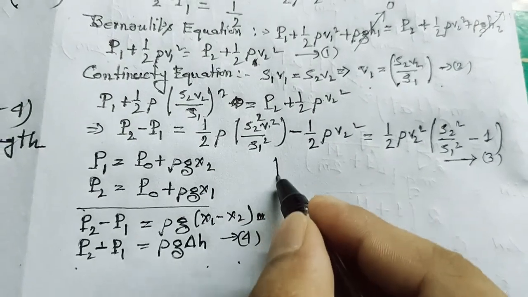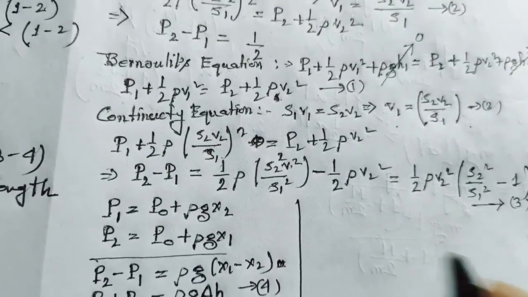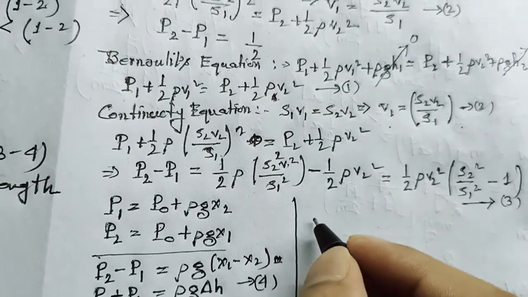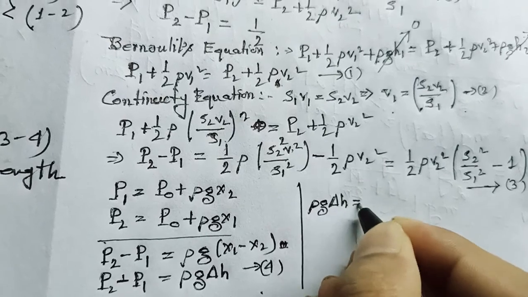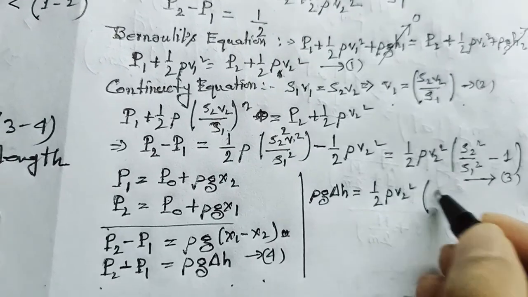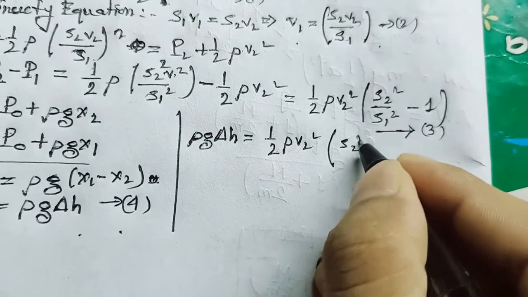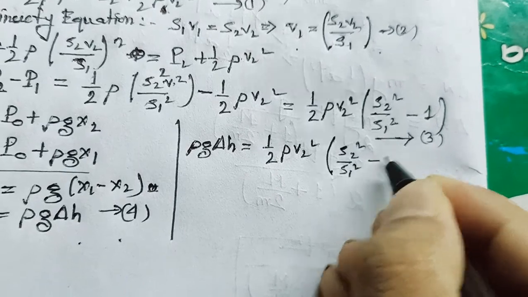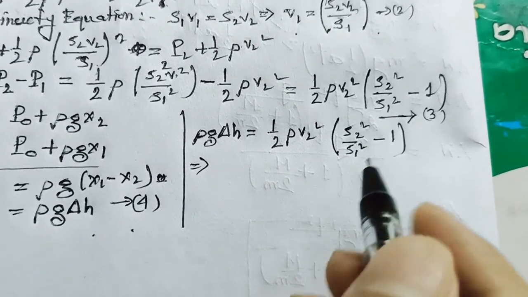If we substitute that value, we'll get rho g del H equal to half rho V2 square into (S2 square divided by S1 square minus 1). Now we have to find our velocity V2.